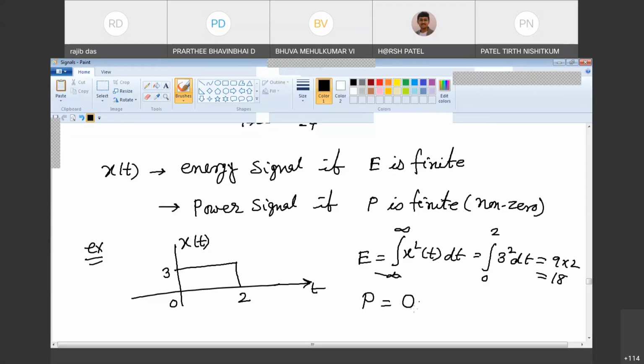But 0 is also finite, but I am saying that P is finite but non-zero, then it is called a power signal. So in this example, I can say this is an energy signal.